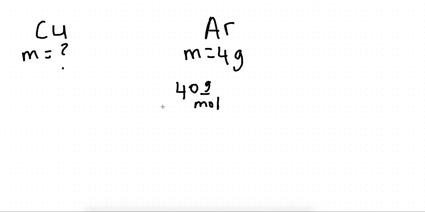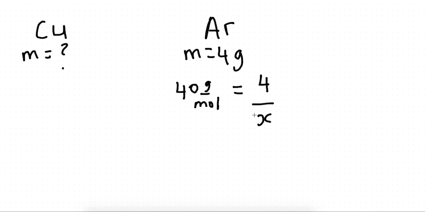What is the definition of mole? Amount of substance that contains as many particles as the number of atoms. You see the definition, guys? It's linking. So find the number of moles of argon. The number of moles of argon equals the number of moles of copper. Let's do that first. 40 grams per mole equals mass, which is 4, over mole.